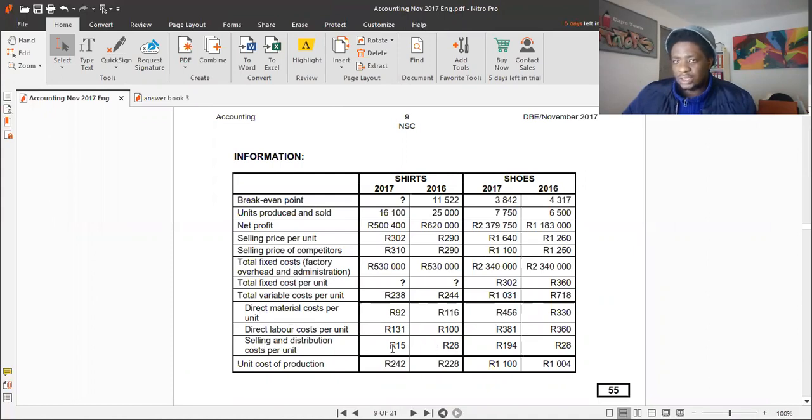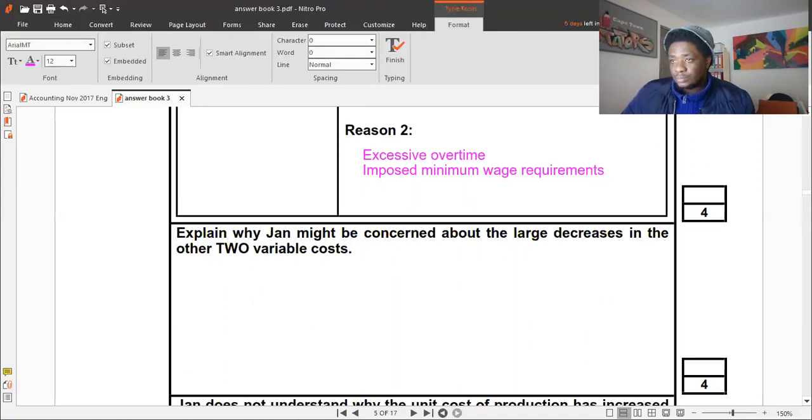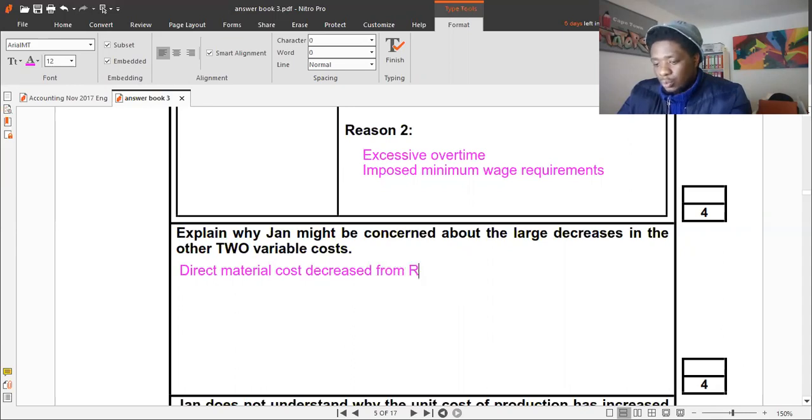So why might Jan be concerned? When it comes to the direct material cost, it decreased from 116 to 92.